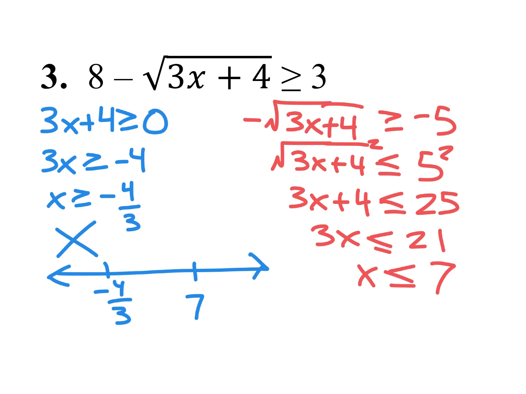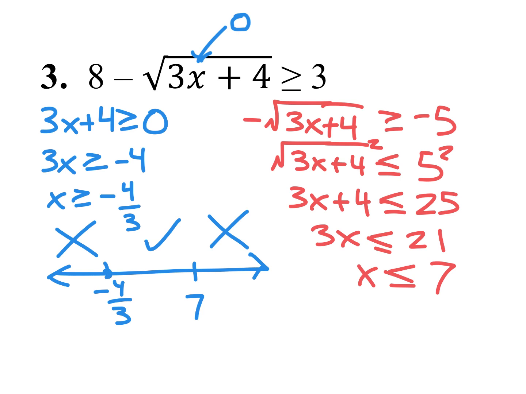Plug in a really big number. If you plug in a really big number, you get 8 minus a big number. Is that going to be bigger than 3? It will not. Now I think a nice number to plug in the middle would be 0. If I plug in 0 here, I get 8 minus 2, which is 5, and 5 is bigger than 3. So this area works.